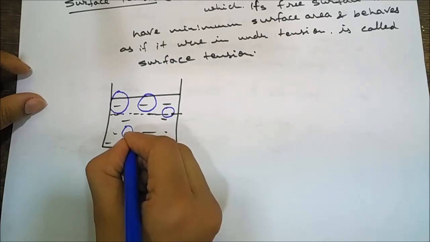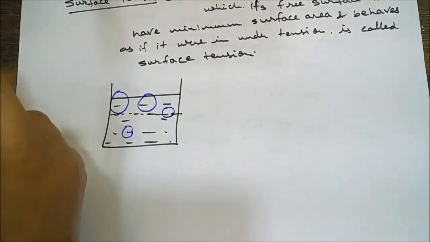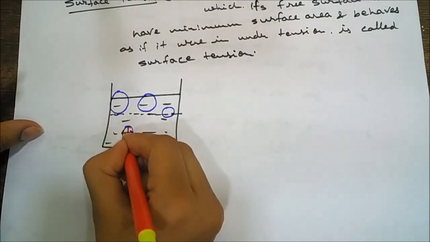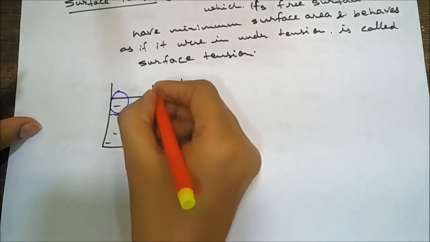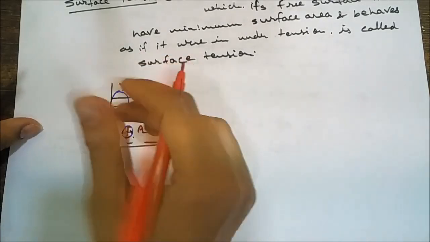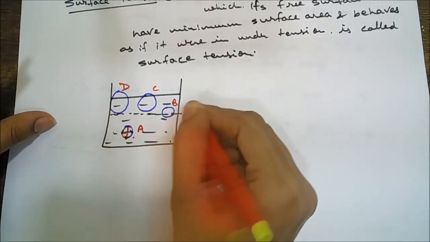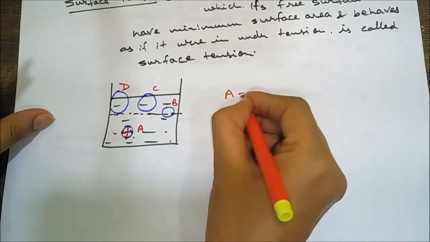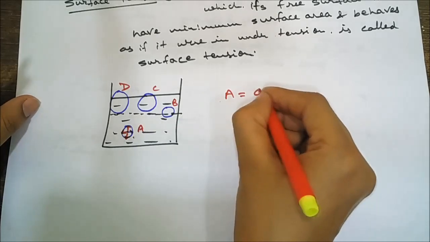Suppose these are molecules A, B, C and D. For molecule A, the force of attraction is equal in all directions. So for molecule A, the surface tension is 0.